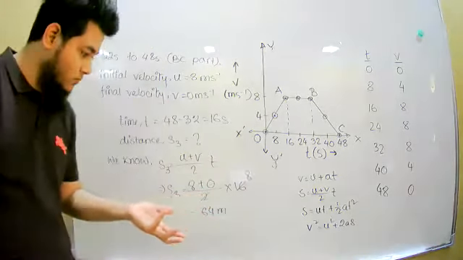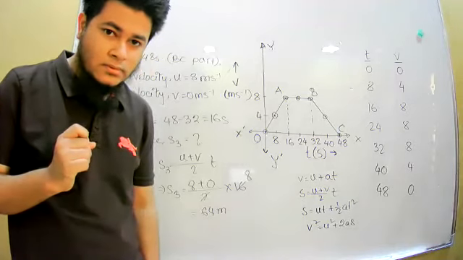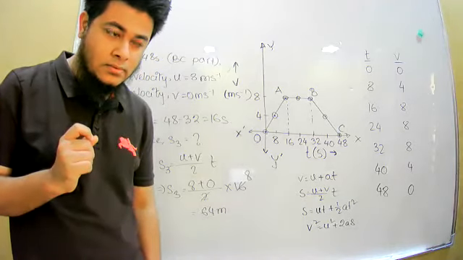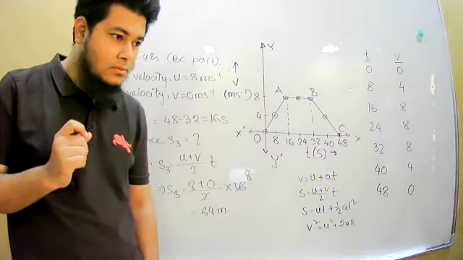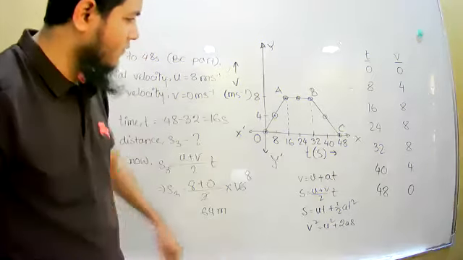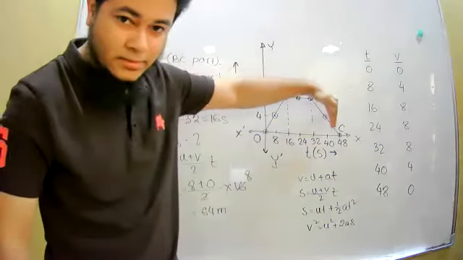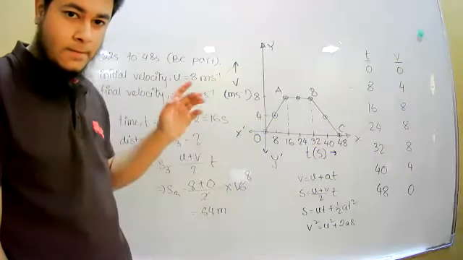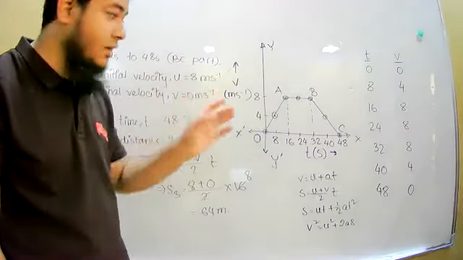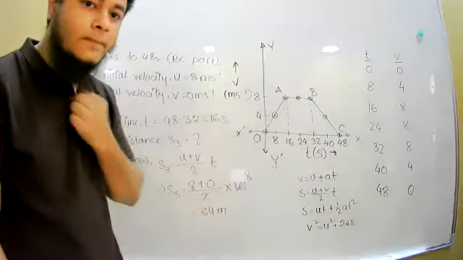Yes, sir. For finding only 32 seconds, we will take the initial velocity as 8? Where? At 32 seconds, for only finding 32 seconds, which part? OA, AB or BC?